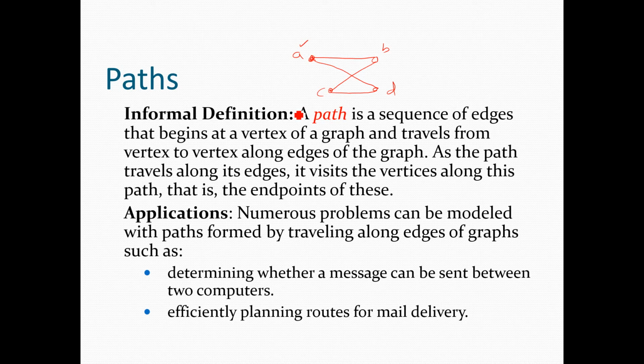So let's begin with A, and travel from vertex to vertex. Let's move from A to B, then B to C, and if this is the end point of this travel, then as the path travels along the edges, it visits the vertices along the path. This is the end point. So this is a path from A to C.